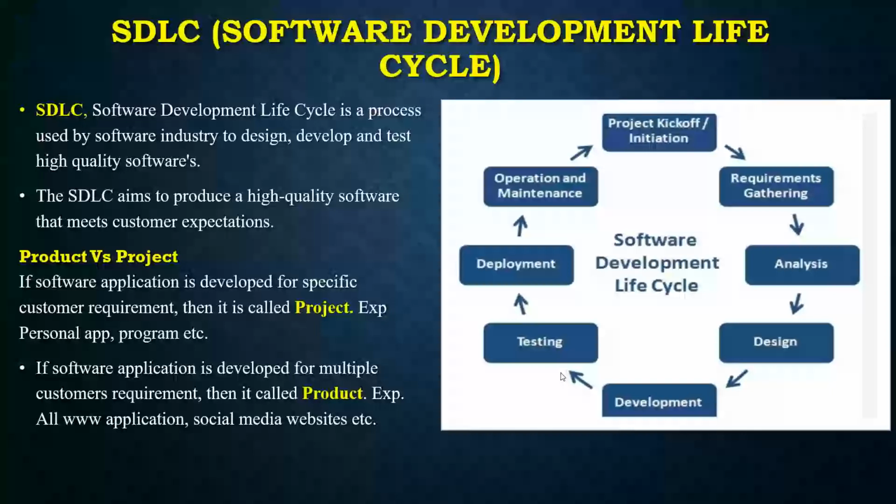Now we are starting with real-time manual testing knowledge, or basic knowledge of the software development lifecycle. The software development lifecycle is basically a process used by software companies to design, develop, and test high quality software.